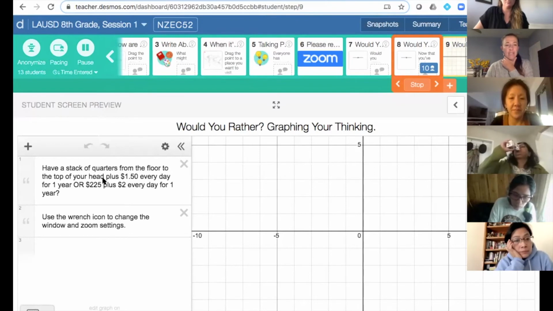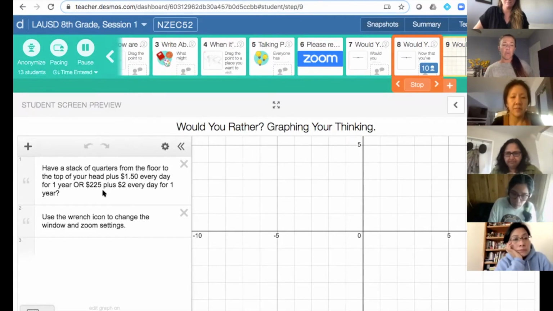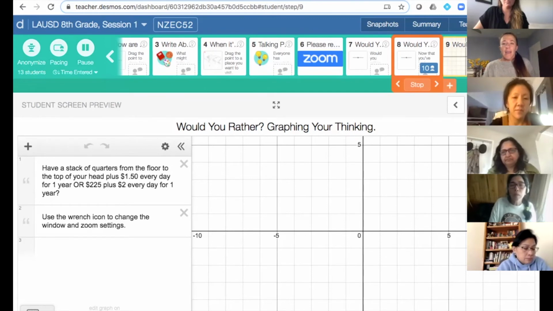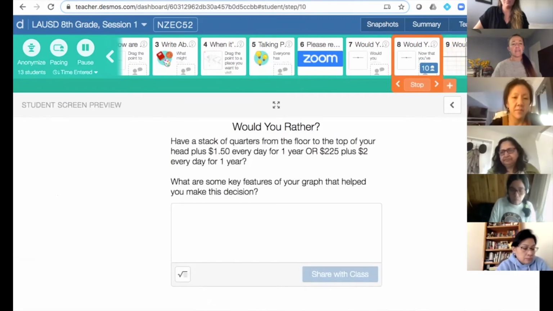So would you rather have a stack of quarters from the floor to the top of your head plus $1.50 every day for 1 year, or $225 plus $2 every day for 1 year? And I've given you the option to use this little wrench icon over here. You can change the scale and the view and the axes. And then the last question is, would you rather, and what are some key features of your graph that helped you make this decision?